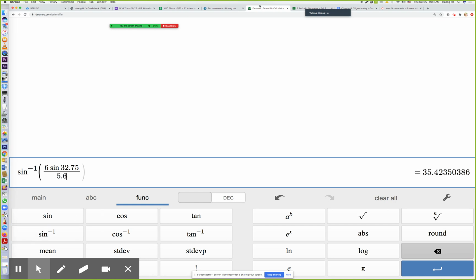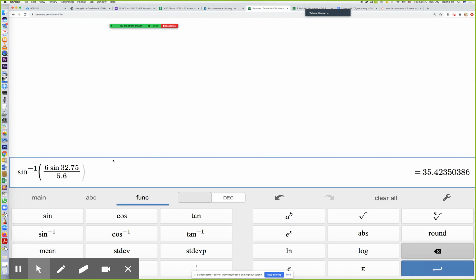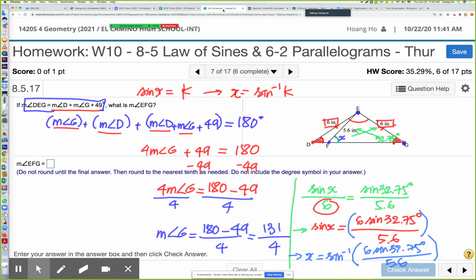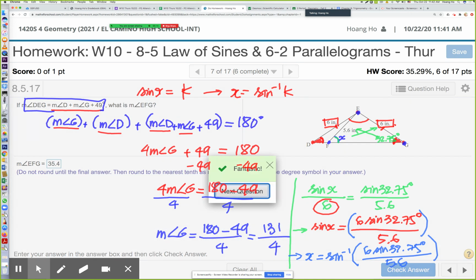Let me double check that it's 5.6. Go back over here: 6 times sine 32.75 degrees over 5.6. The answer is needed to 1 decimal. So I got 35.4. Here we go, 35.4, and then I'm done.